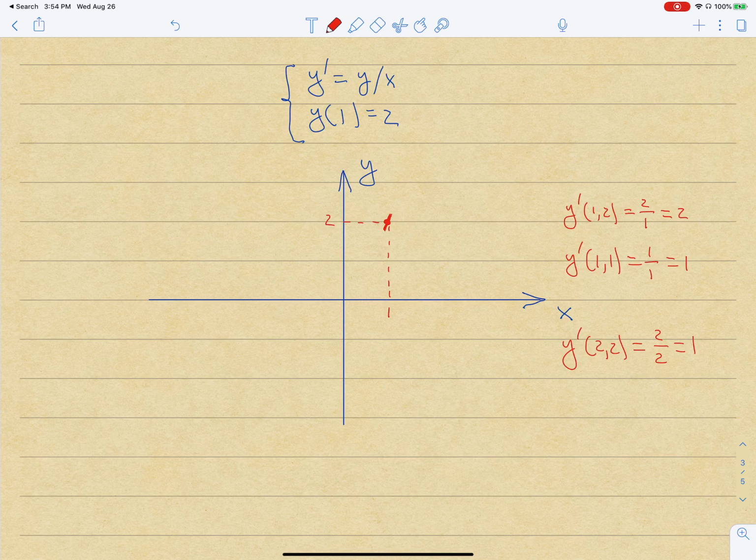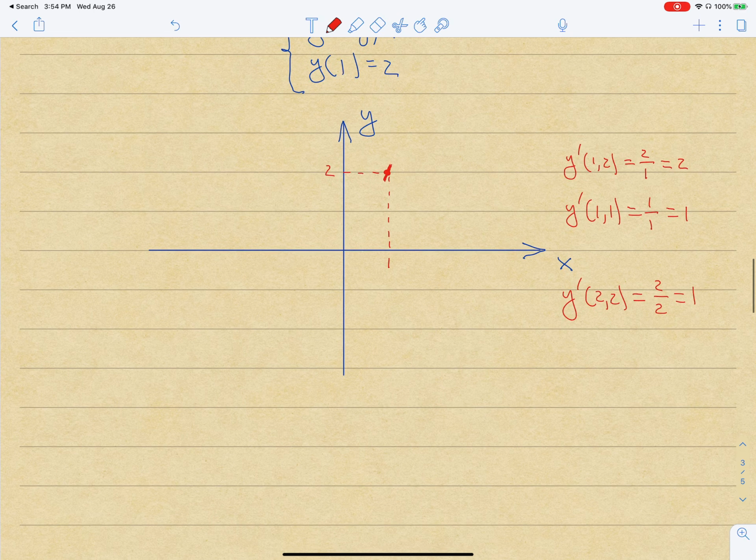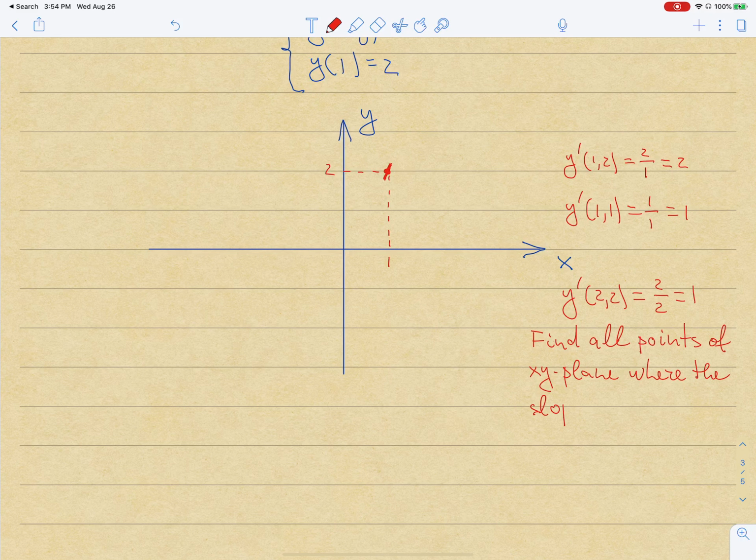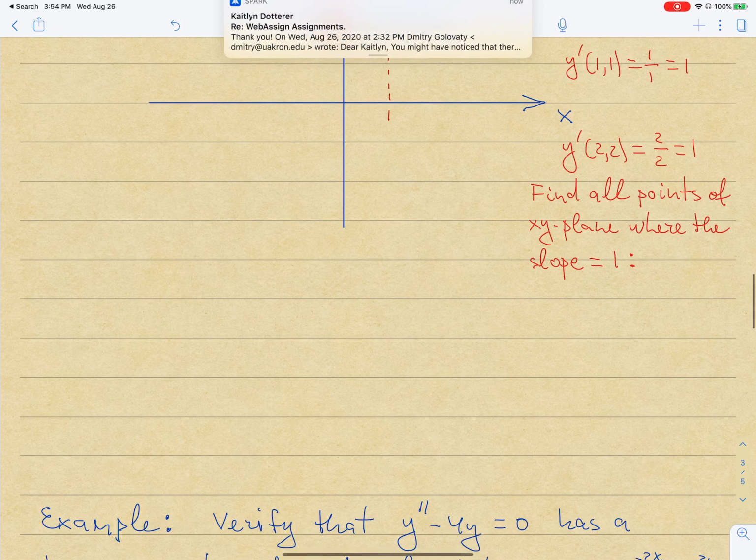Well, but then what can we see here? If I want to find now all points on the plane where the slope is equal to 1, so where would those points be?